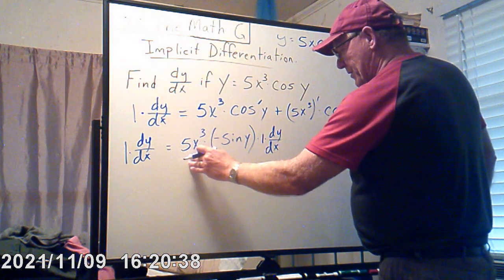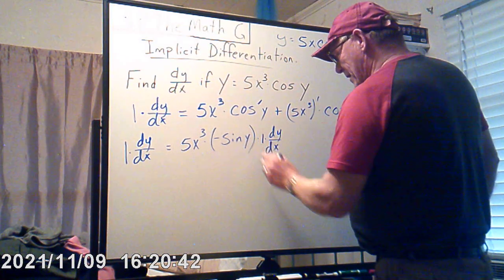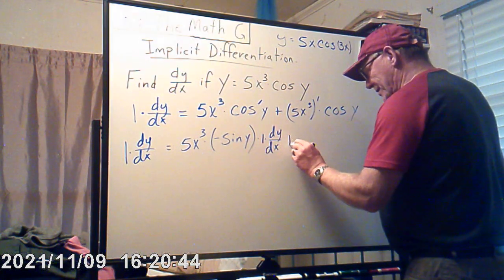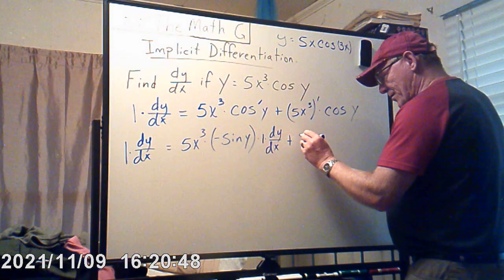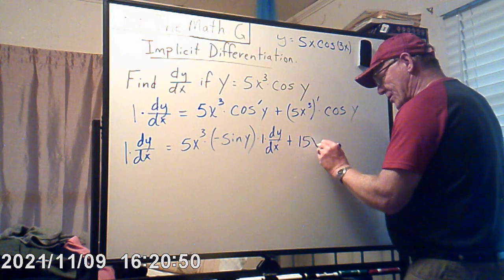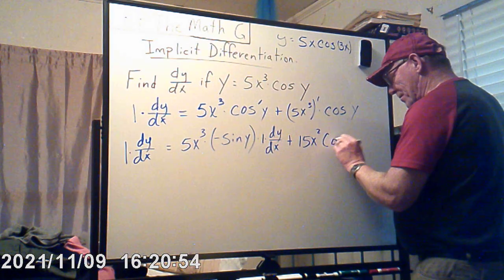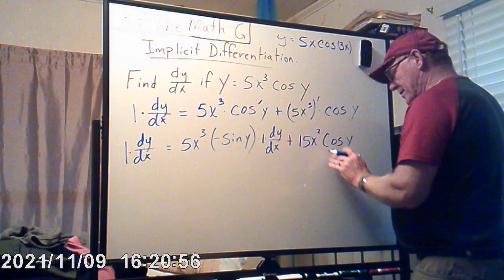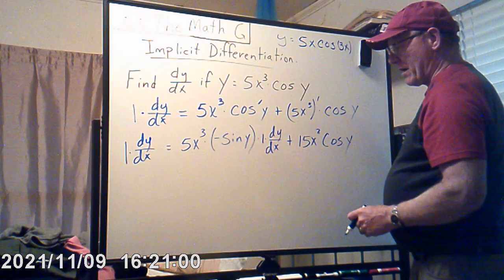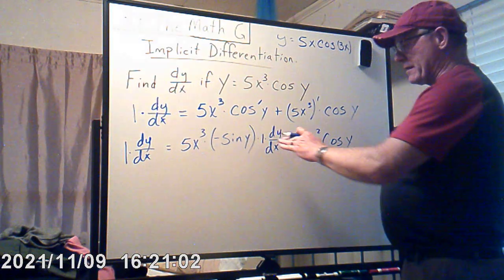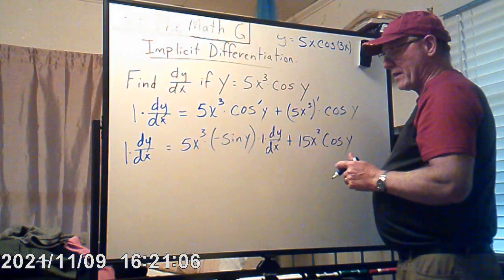The first times the derivative of the second. And then plus, the derivative of this one is 15x squared, and then this time we're just copying cosine y. We're not taking the derivative of cosine y. We just did it here. Alright, so here's the deal. Let's clean this up a little bit, and then we're going to put some stuff together.